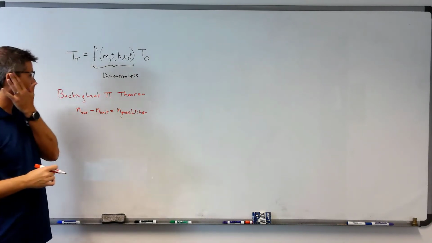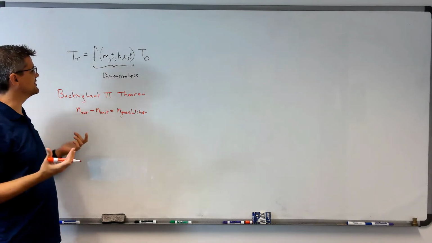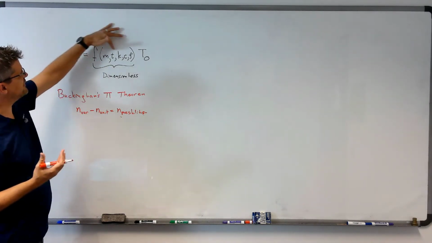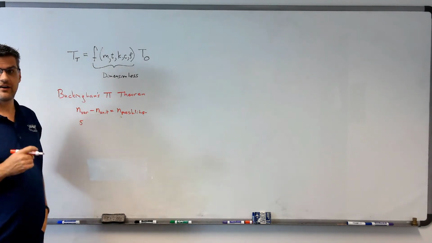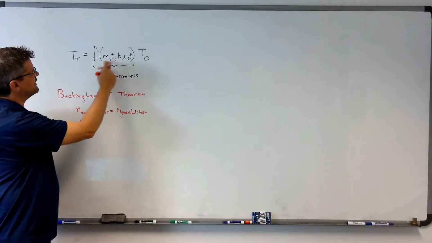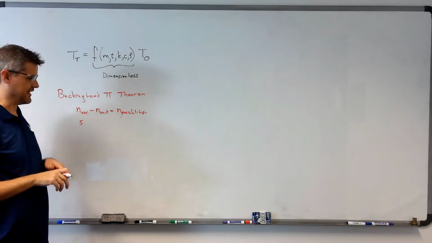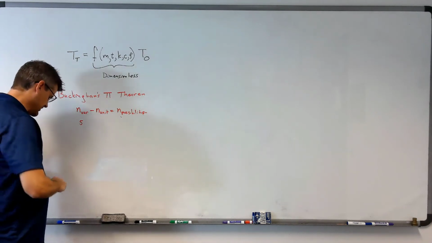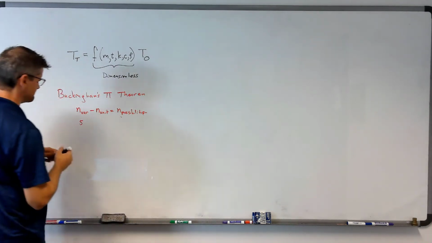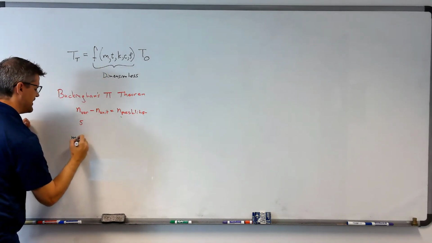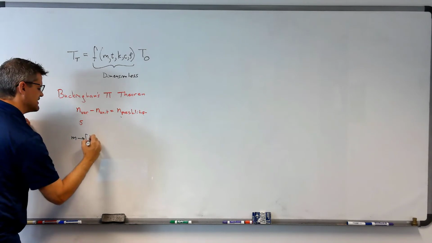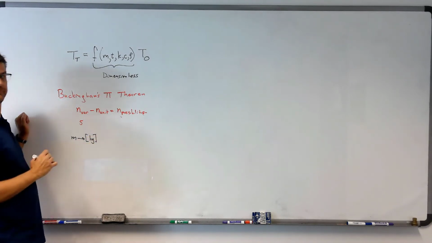Okay. And so if I look at this kind of an expression, I know how many variables I have. I have 5. Now I also need to look at what kinds of units that we have at play. So let's just quickly do an analysis here. I've got mass, and mass has units of kilogram.